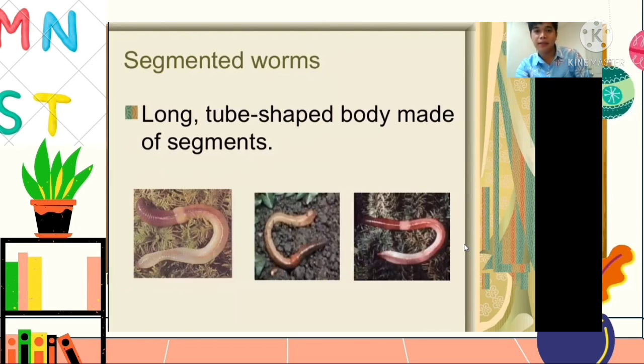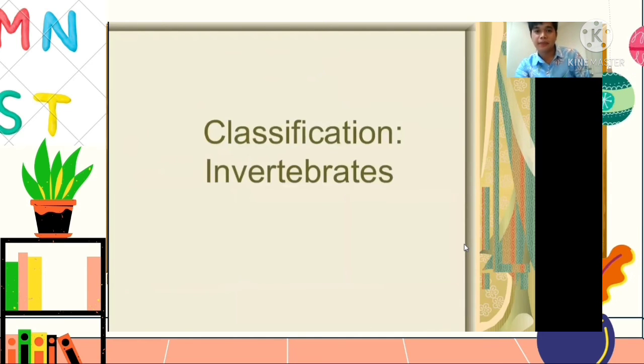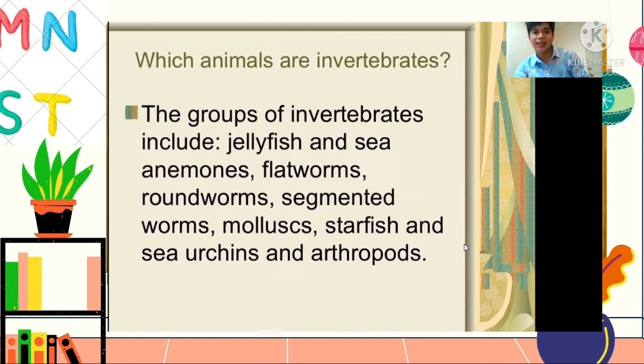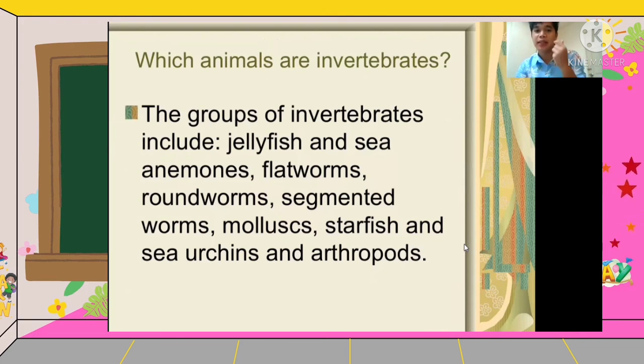Can you name one? These are the classifications of invertebrates: jellyfish, sea anemones, flatworms, segmented worms, mollusks, starfish and sea urchins, and arthropods.